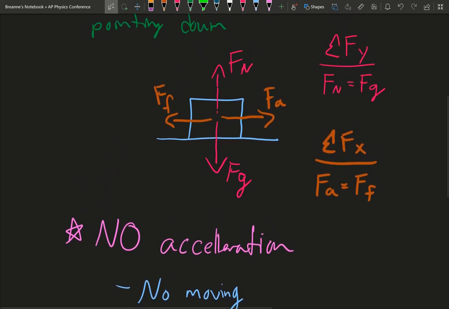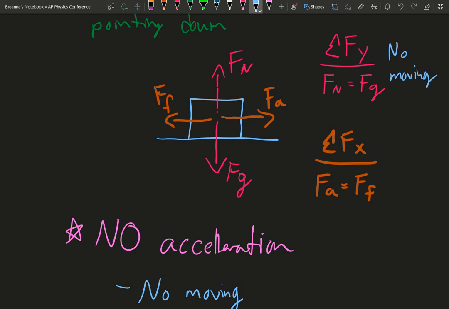So going back to our little free body diagram up here. Obviously, in the y direction, because of what we have drawn here, it's a box sitting on the floor. In the y direction, we can logically comprehend that it's not moving.